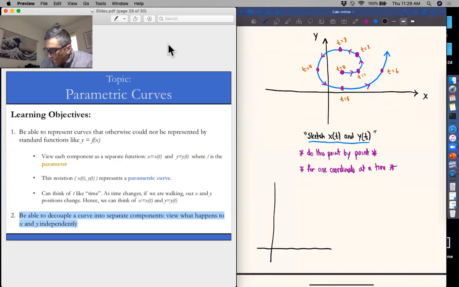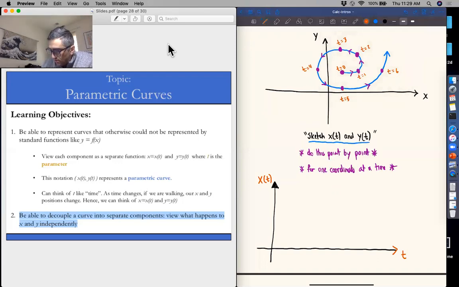When I make this sketch of x versus t, I want us to draw attention to the fact that I am putting x as the dependent function on the vertical axis, and t, our parameter, is now on the horizontal axis as the independent variable. In this example, I have t outlined from t equals 0 all the way to t equals 6.